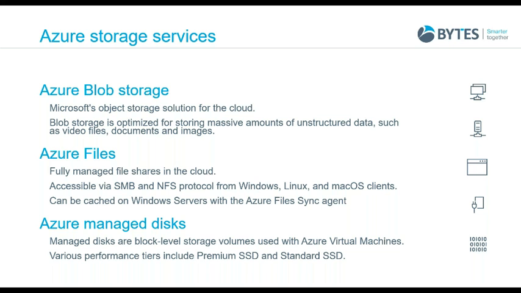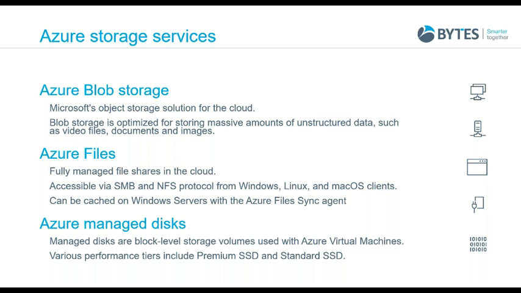So if there's just a whole bunch of files, large files, or millions of very small files, all of that can migrate into blob storage, but it is an object-based storage. It isn't easily accessible by users in a traditional SMB-based storage.